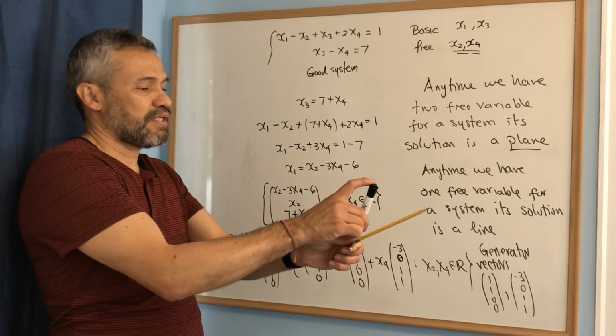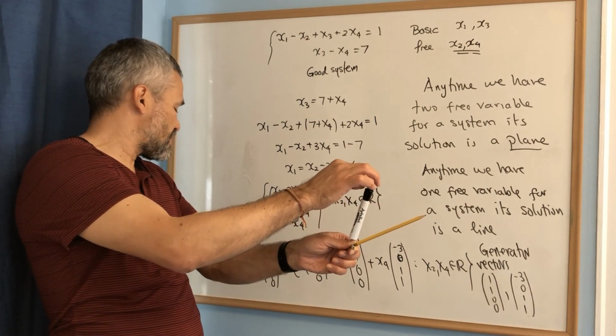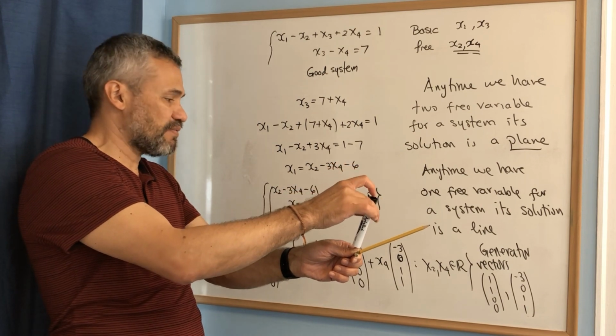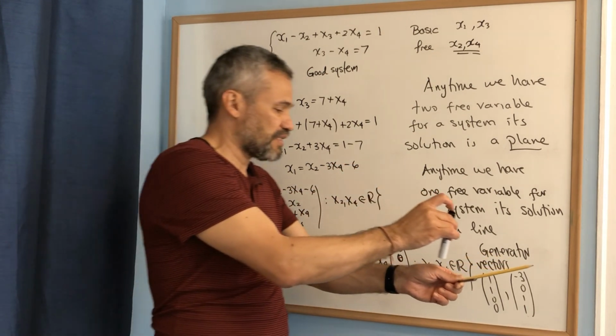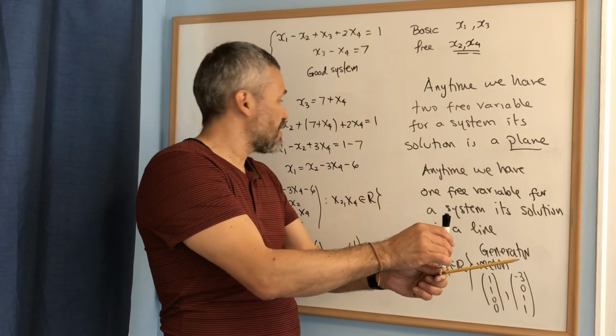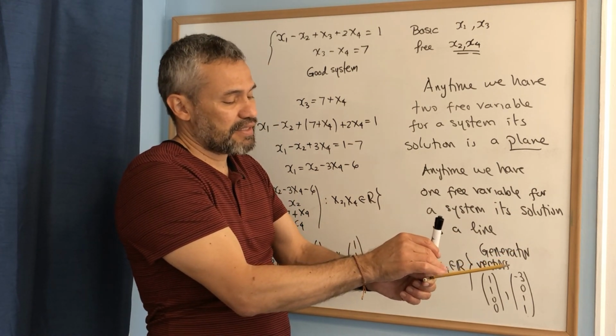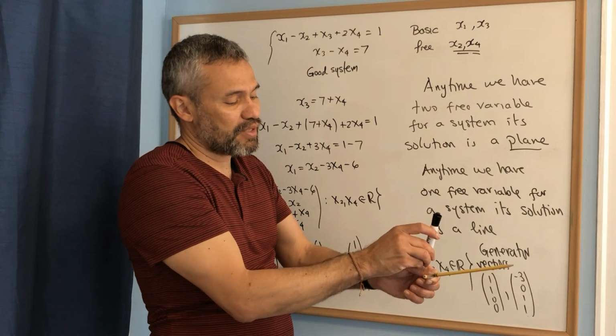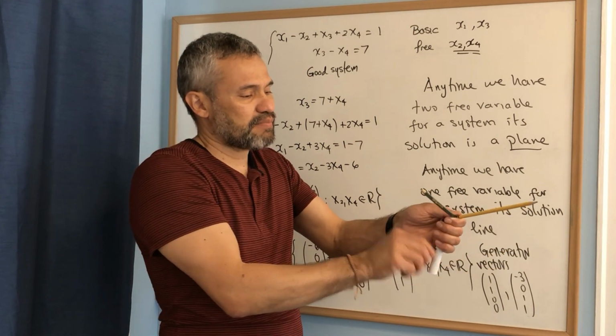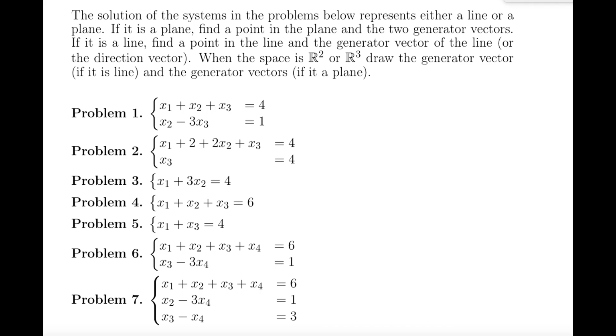And these are the two vectors that generate the plane. Then essentially the solution of that system is this plane. It's the plane that is parallel to this one and goes through this point. Please do these problems.